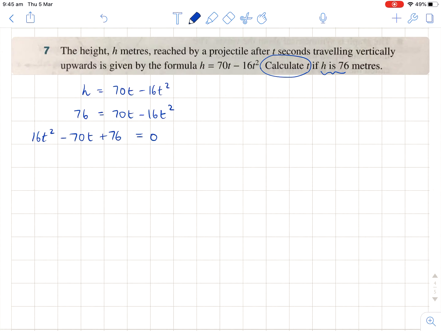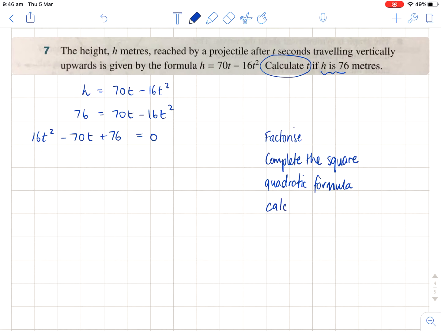Okay, we've got several strategies for solving this equation. We can factorise. We can complete the square. We can use the quadratic formula. Or we can use the calculator.